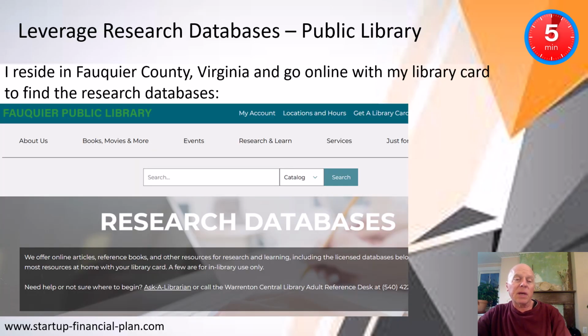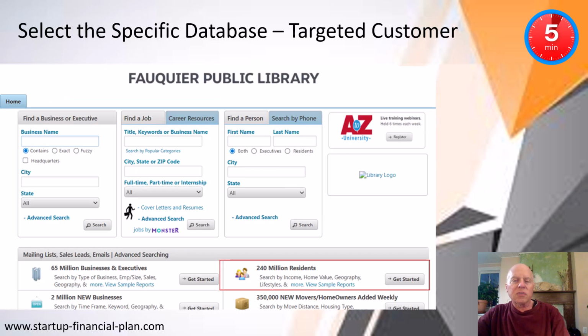For example, I live in Fauquier County, Virginia. I go down to the Fauquier Public Library in Warrenton, Virginia, and they give me access to the research databases, and they have access to the A to Z database, which gives me access to all the records of everybody out there. So what I'll do is I'll go into that A to Z database, and this is business to consumer in this case.